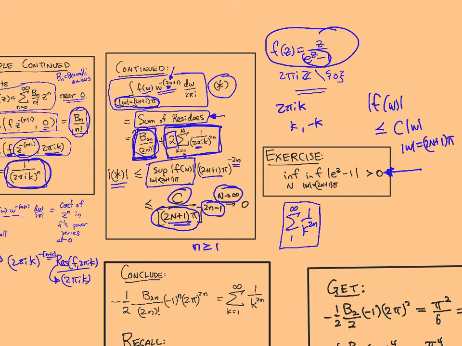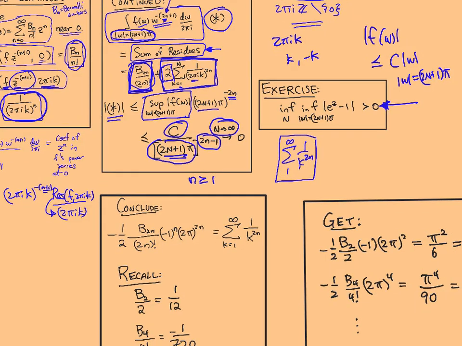Okay, and then I'll spare you some of the details, but this directly shows us that I can get a formula for these sums of 1 over k to the 2n, where k goes from 1 to infinity. So you can actually solve for it and get these formulas.